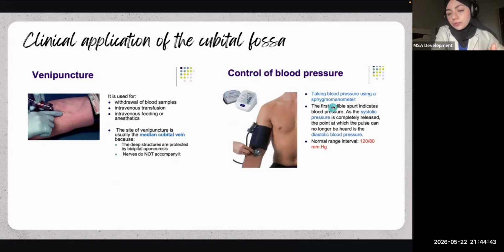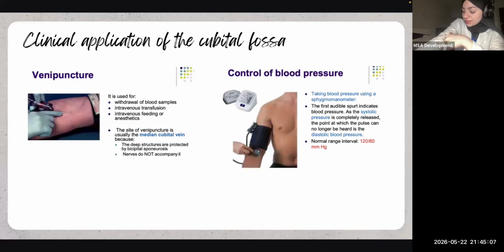Then we're going to have control of blood pressure. You guys will learn how to take blood pressure in pro next year. But for now, what we do is basically cuff around the arm. And the whole idea is we want to cuff the brachial artery. So right here we have the biceps tendon, and accompanying it, if you guys remember the MBBS, is going to be the brachial artery.